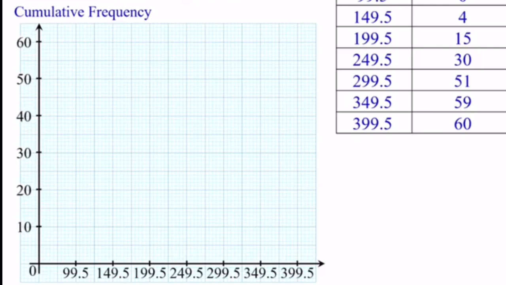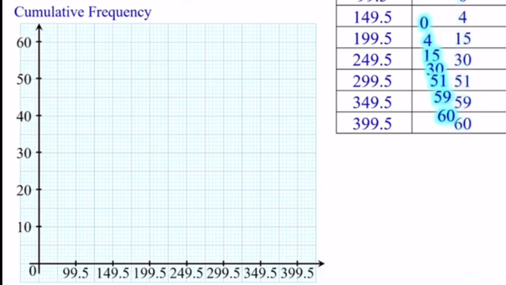And on the vertical axis, we will label the cumulative frequency. The maximum is 60, so we label starting from 0, 10, 20, 30, 40, 50, and 60. Make sure we check the scale, make sure it's uniform. Alright, so we are going to plot the cumulative frequency accordingly.